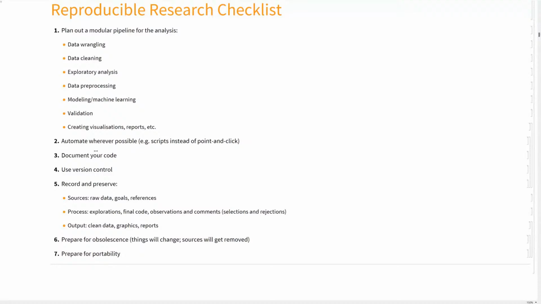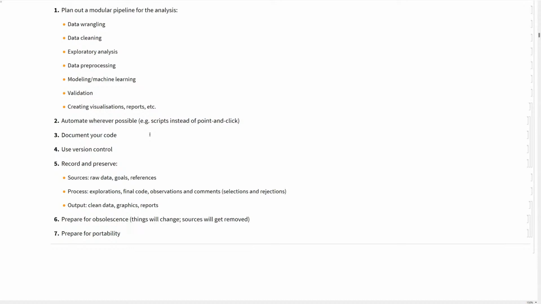The second step is automate whenever possible. Instead of doing things manually, we'll probably want to write functions to process the data, to do the analysis automatically. And the third one, document your code. This is very important.